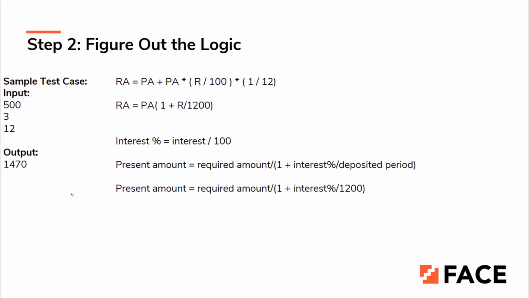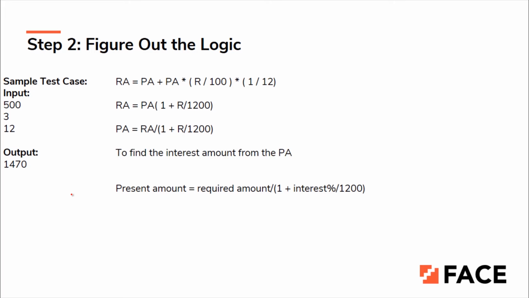Now I'm taking RA equal to PA, so PA I'm taking as common. So it would be 1 plus R by 100 into 1 by 12. I'm just multiplying 12 and 100 together, so it would be R by 1200. So present amount will be equal to RA by 1 plus R by 1200. So you have calculated the present amount for the first month.